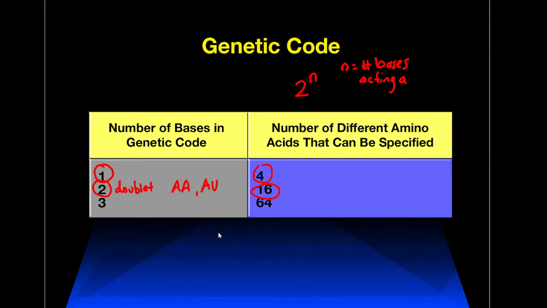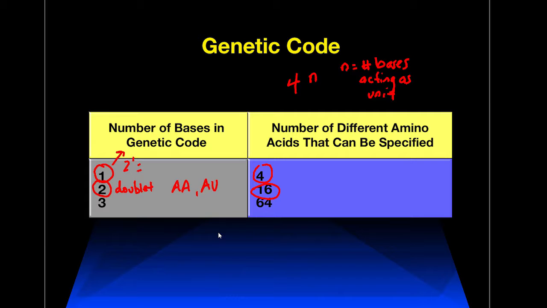So if you just want to make sure we did our math right, when one base is acting as a unit, 2 to the 1 equals, I'm sorry, I messed it up, didn't I? Rather than start all over, we'll just say apologize, it's not 2 to the n, it's 4 to the n. I'm sorry about that.